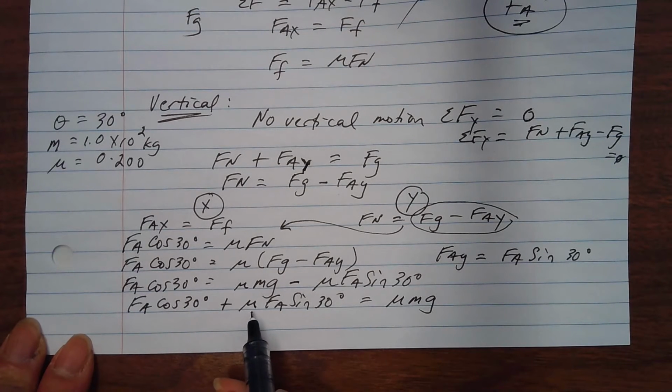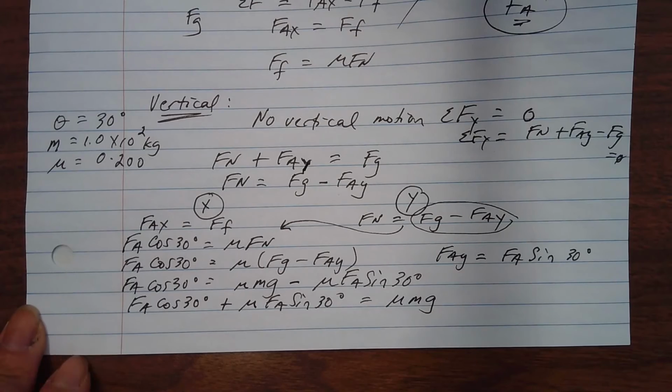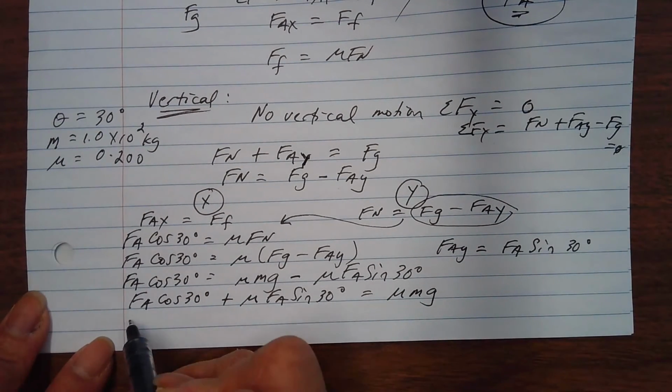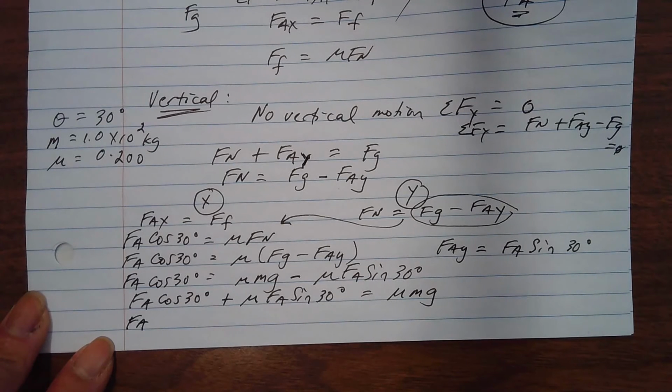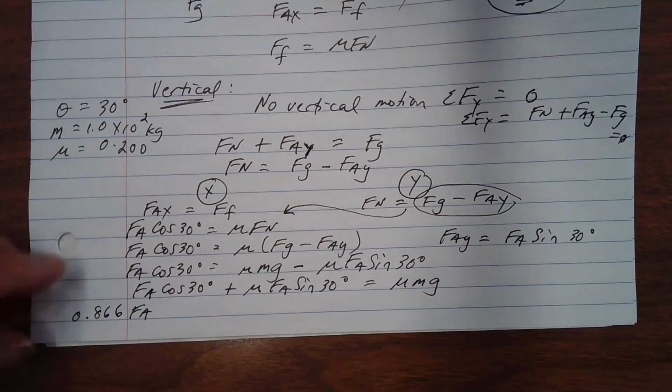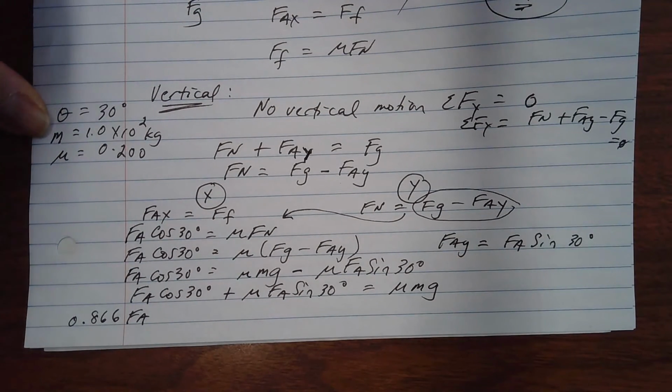Now I have to get that mu out somehow. I was going to simplify this at first, but at this point we are just going to put in the numbers. What's cosine of 30? 0.866. So we have 0.866 FA.